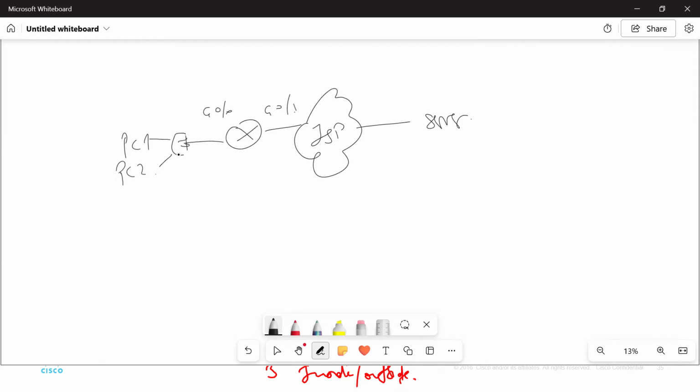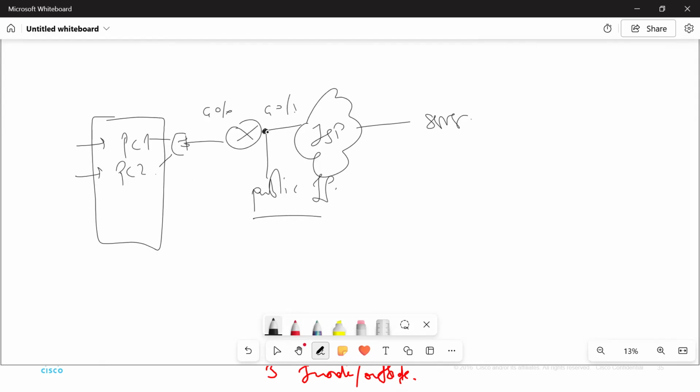With the interface-based PAT configuration, basically what we are doing is we are going to use this interface, its public IP will be used for all the devices in this internal network. So if PC1 wants to communicate with the outside network, it's going to use the address of this interface.